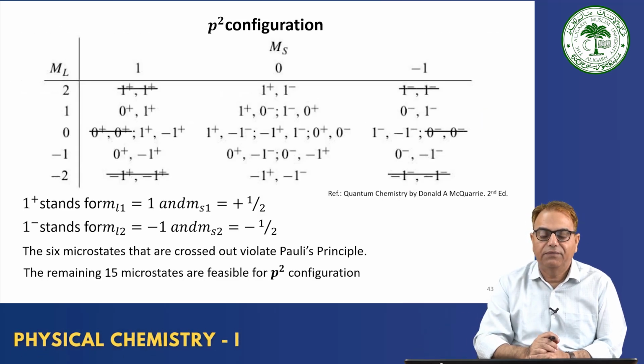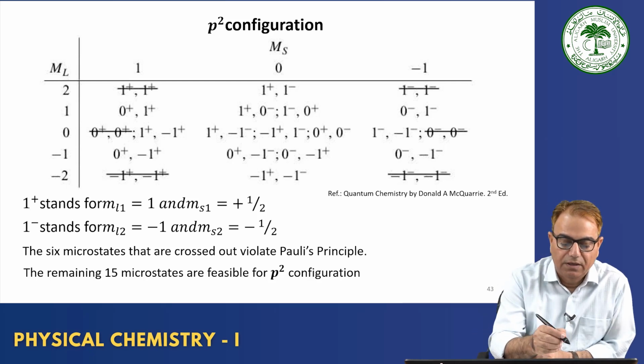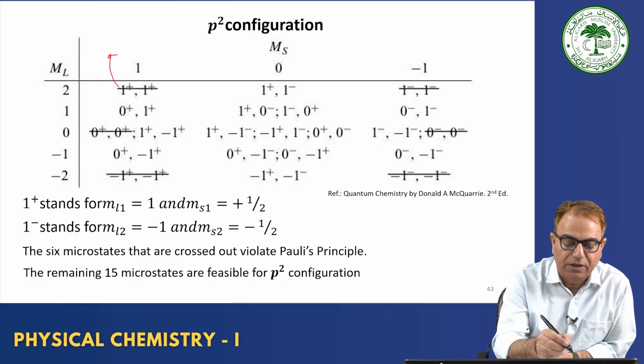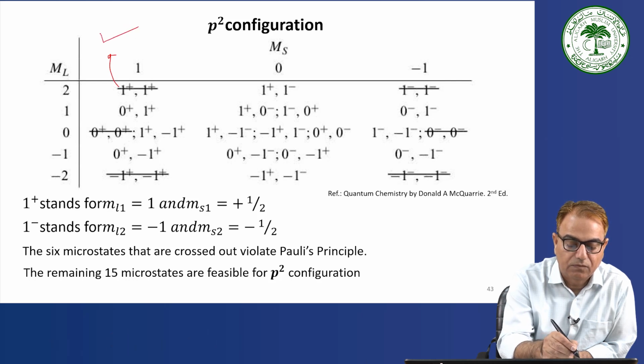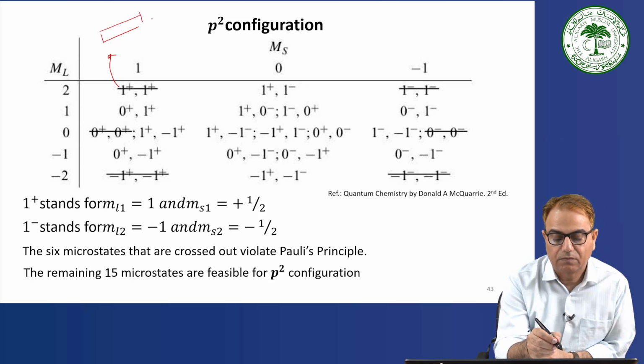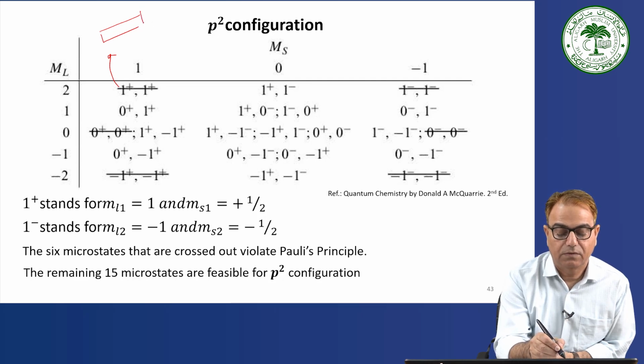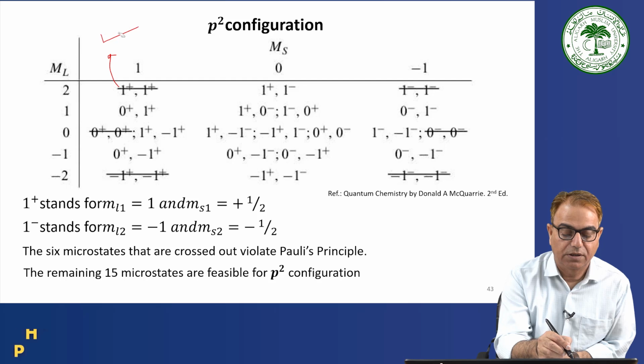When I say all different kinds of configurations, what does this represent?